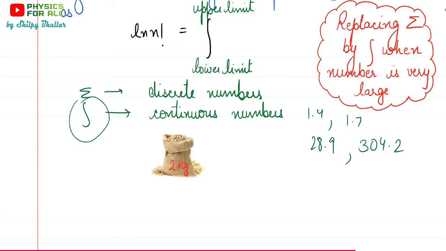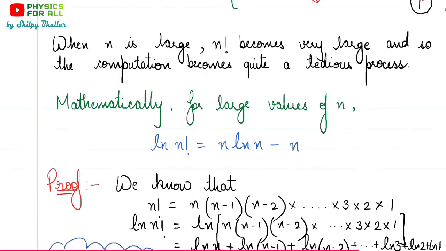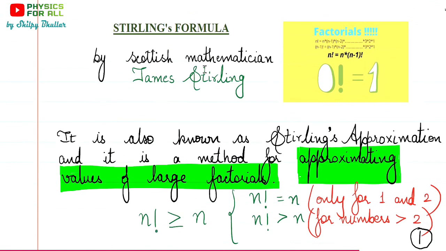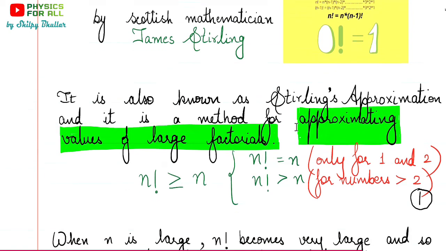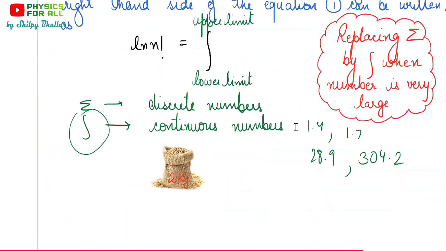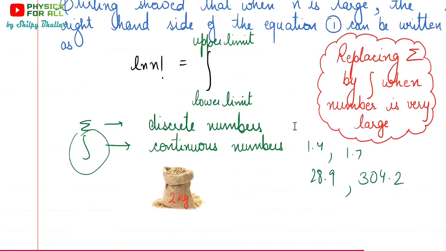Plus minus 1, plus minus 10 would be there, but still it gives an approximate value. Remember that we are doing Stirling's formula, which is also known as Stirling's approximation, so it will simply approximate the value. It might vary, but you will still be near the accurate one. So this is the reason that when the number gets really large, we replace summation sigma by an integral.